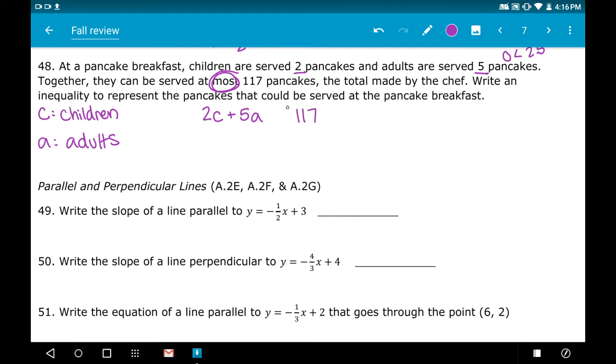So at most means that this number over here cannot be more than 117. So we have to say 2C plus 5A is less than 117. But it could also be equal to 117, so we put the equal sign underneath our inequality. So this right here would represent the inequality that they gave us.